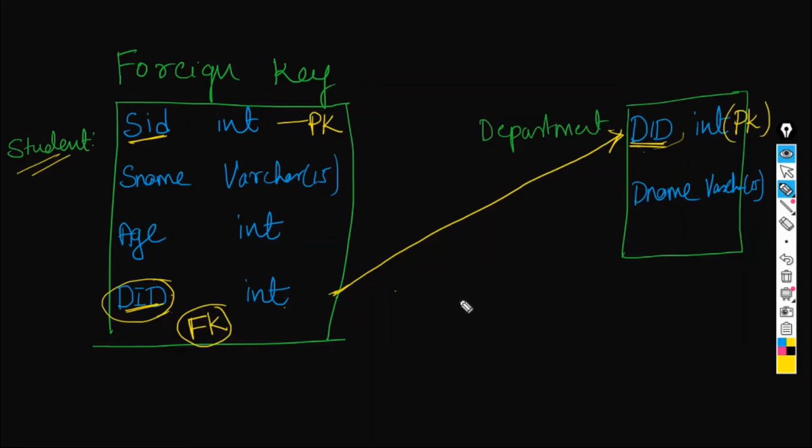To create a foreign key, in one table, in our case student, it must refer to another table that should have a primary key. So we are referring this foreign key to one more table, which is department, wherein this department ID is a primary key.